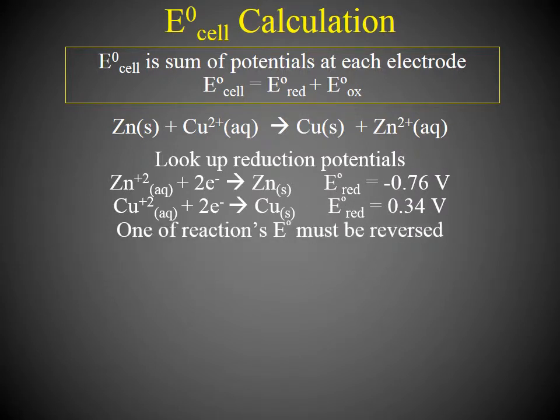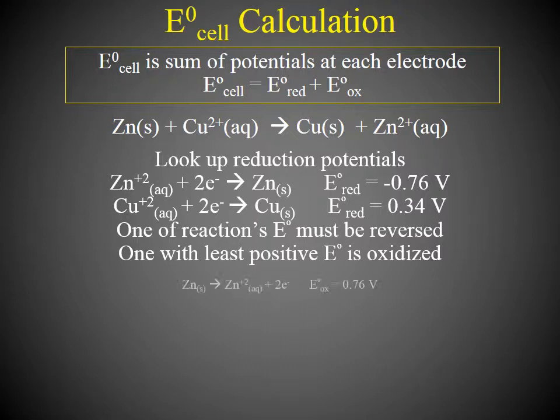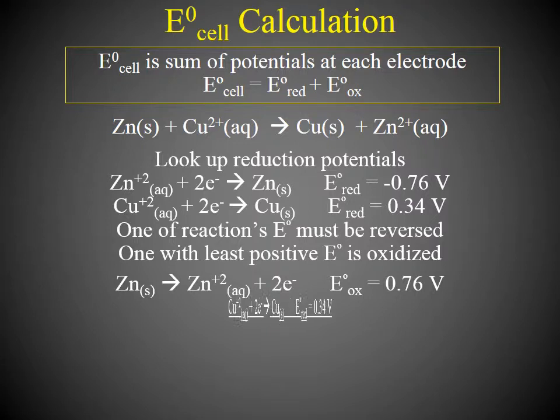Now, one of the reactions has to be reversed because one of the species is going to be oxidized. Now, which one is going to be oxidized? Well, the one that is least positive. And that is the case of zinc. So I take the zinc reduction half reaction, I flip it, and I change the sign of the voltage value.